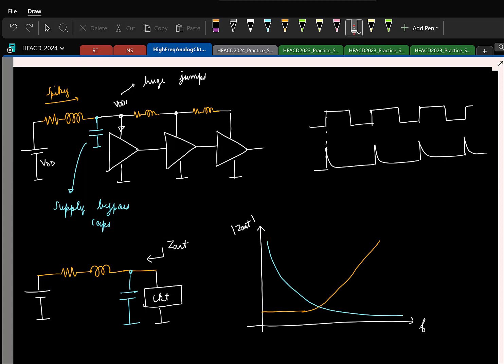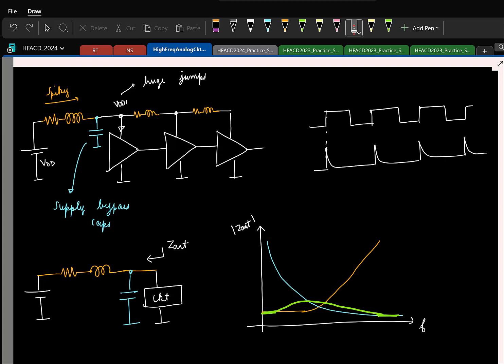Parallel of the two will be dominated by the small one. Similarly, at very high frequencies, this will dominate. In between, you will probably have something like this. So now you see that the moment you add a capacitor here, the impedance that was peaking at high frequencies has now reduced. And that is why even this jump will reduce.